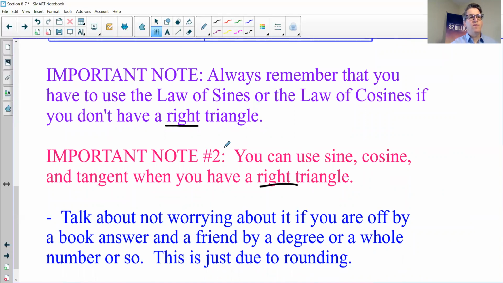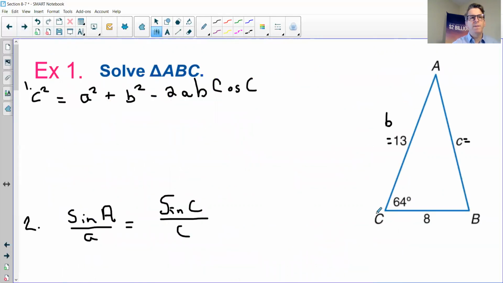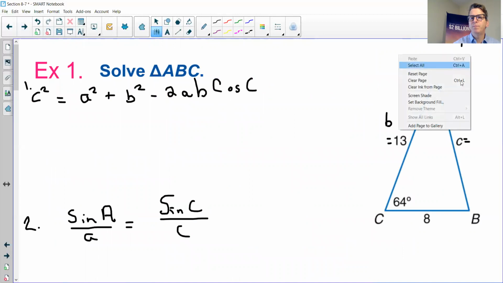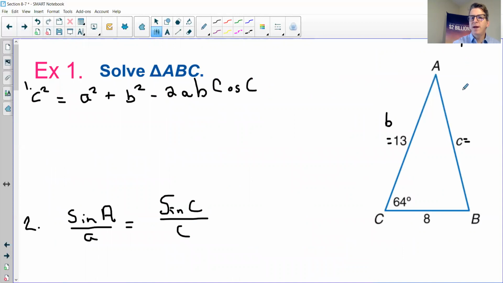Like I said, this video will encompass 3 examples. The first 2 will be using side-angle-side. Example 1. We're going to solve triangle ABC. We are given side a to be 8, side b to be 13.